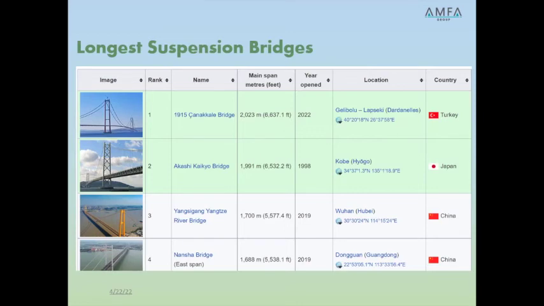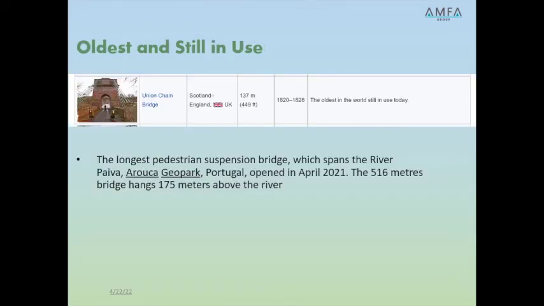The Akashi Kaikyo Bridge in Japan is the second one, and the other two are from China. Then the list goes on. The Union Chain Bridge in Scotland, UK, is the oldest bridge still in use. Many age-old bridges have perished or are not in use, but the Union Chain Bridge, which is 137 meters long, is still in use.